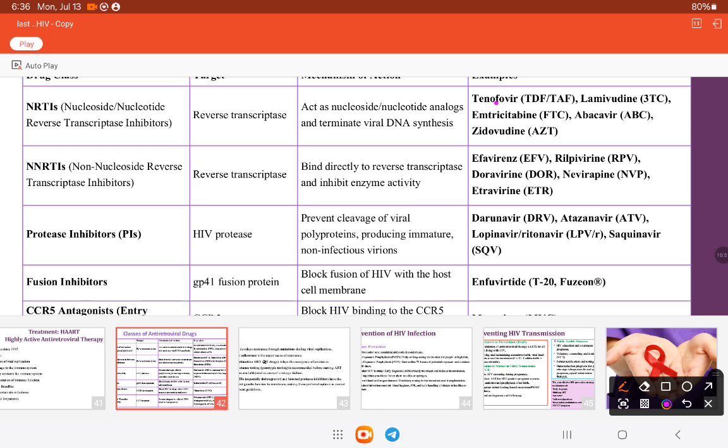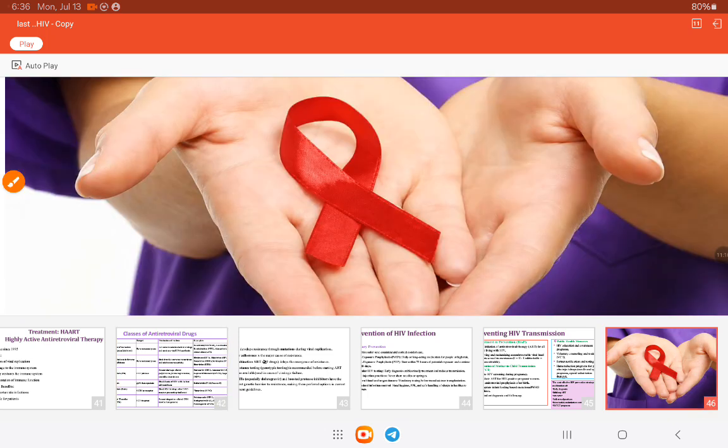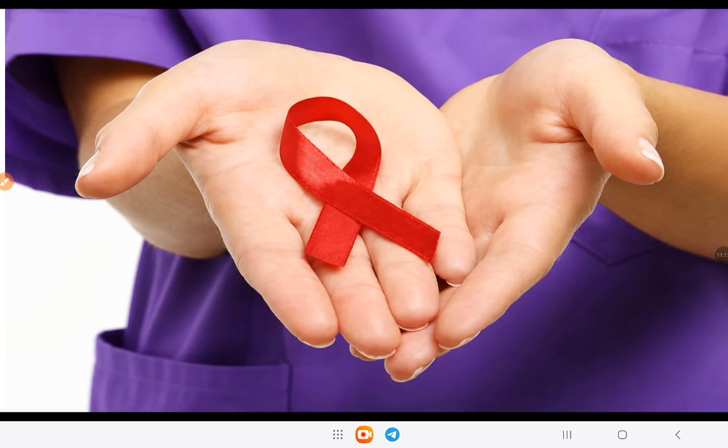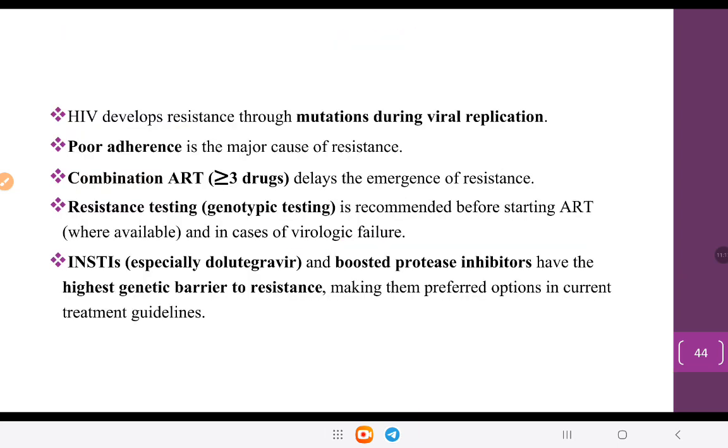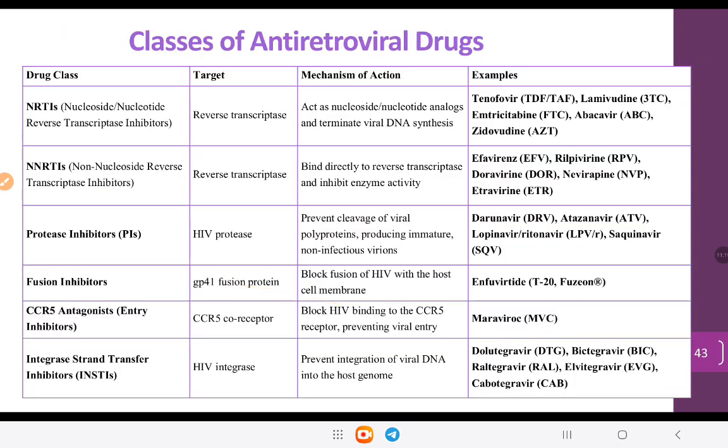After that, we also use lamivudine, the next type of drug approved by the WHO.